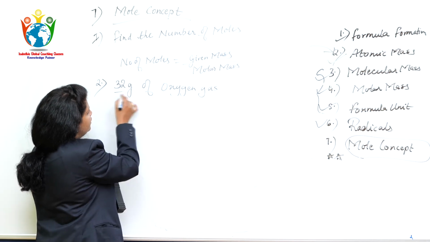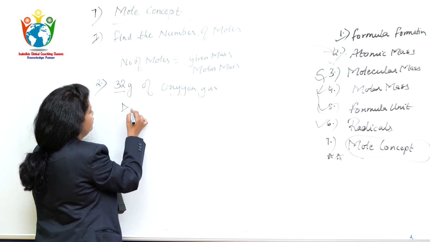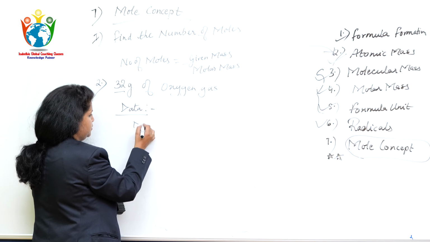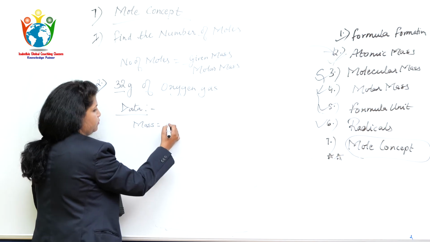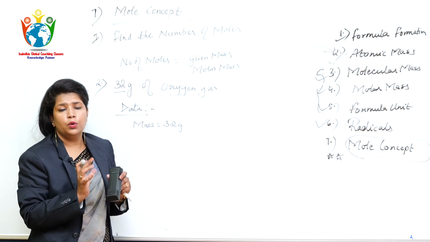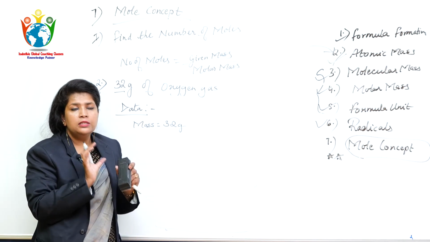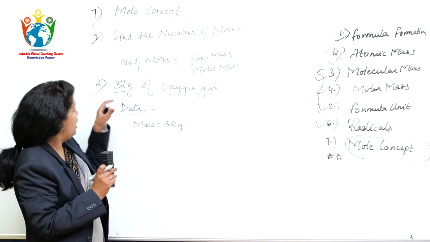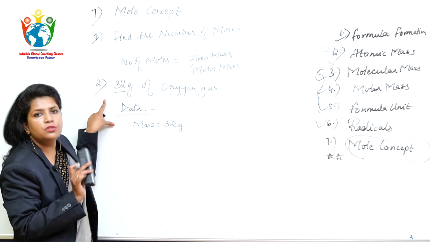Again the data, gram, mass is given to you. I will write down data. Mass 32 gram. You have to write clearly whatever you are solving. See, your first impression is the last impression to the examiner. I am not trying here to impress you.